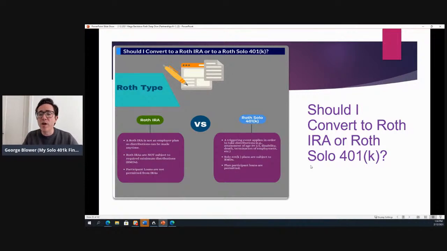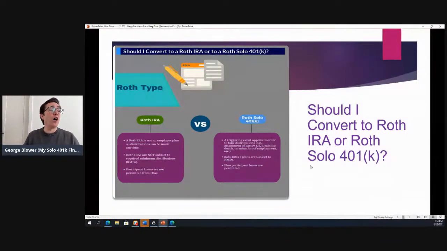With a Roth IRA, that is not an employer plan. So distributions can be made at any time, sort of how we were discussing previously in the questions, that to move money out of the Roth Solo 401k account, you've got to meet a triggering event. With a Roth IRA, there's no triggering event that has to be met.